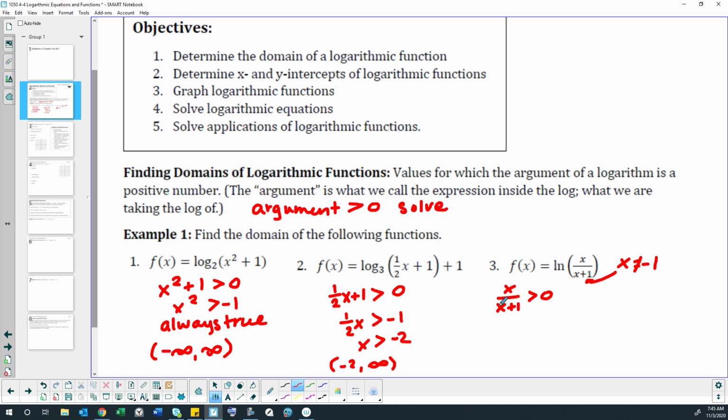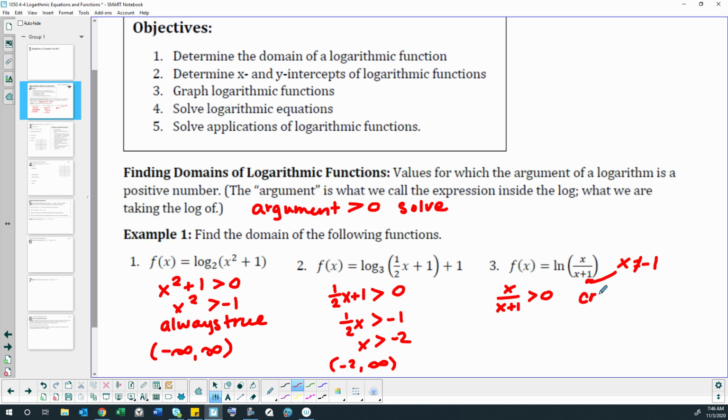We learned about these in chapter 3, where we need to test intervals and see what works and what doesn't. So we need to look at our critical values. We already found one of them: it can't equal negative 1. That's technically one of our 2 critical values. Our other critical value is 0, because if we set the numerator equal to 0, then x equals 0, which is where the graph would cross the x-axis.